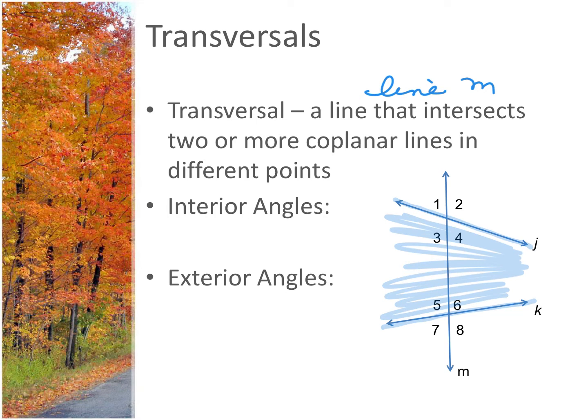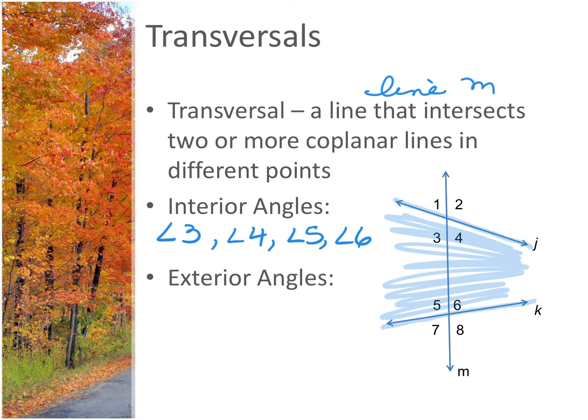So it's going to be angles 3, 4, 5, and 6. These are all the interior angles that are inside or in between those 2 coplanar lines. So those are the interior.